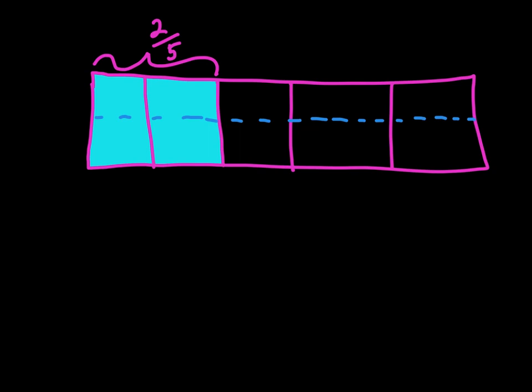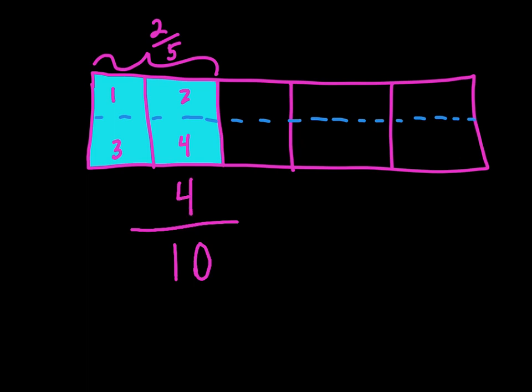Well, how many is it cut up into? 1, 2, 3, 4, 5, 6, 7, 8, 9, 10. So that represents the denominator, tenths, and what would be the numerator? 1, 2, 3, 4. 4 are colored in, so 4/10.